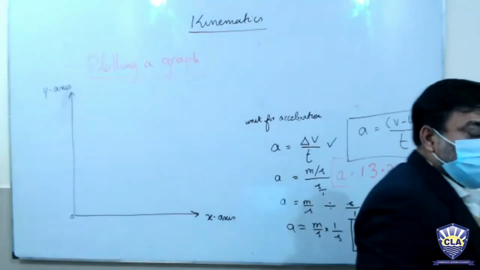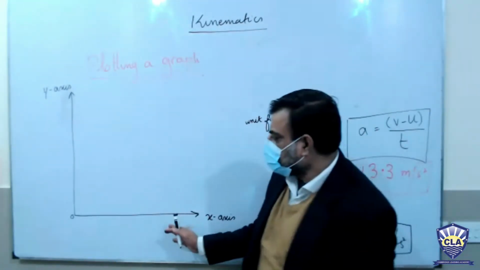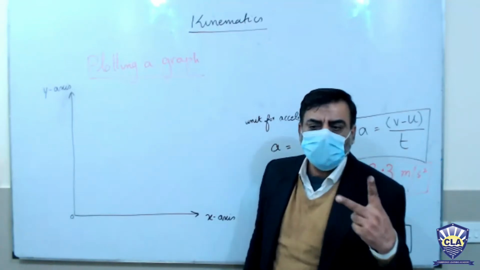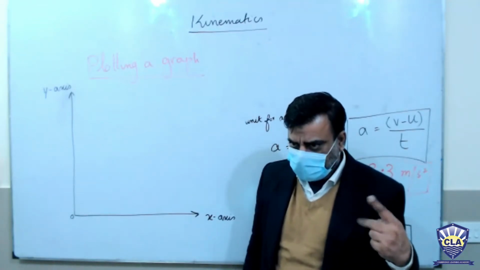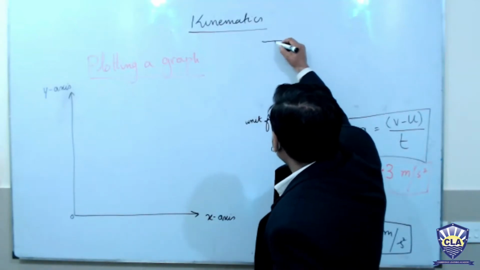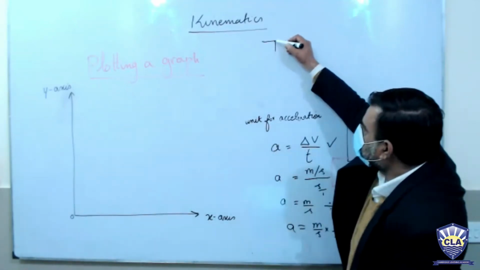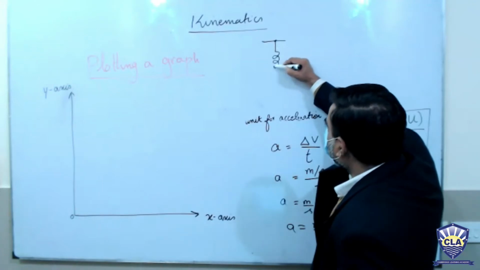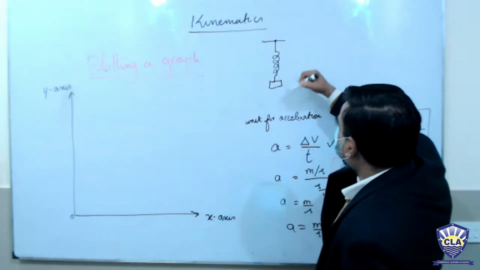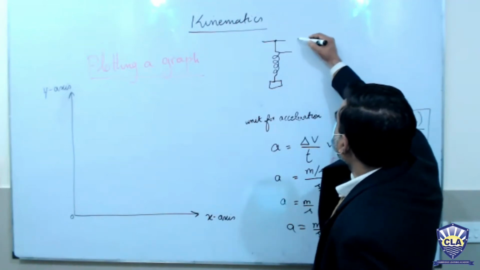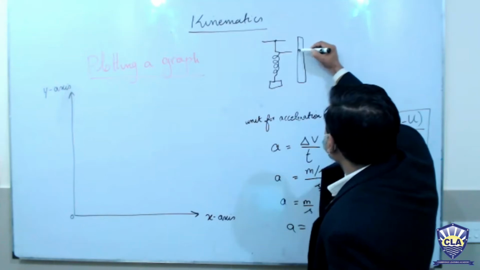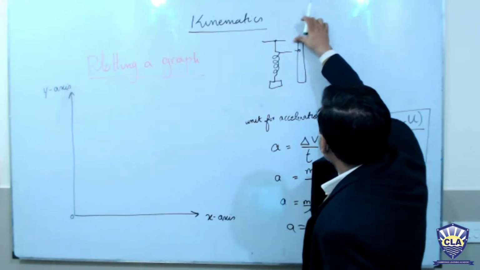Now, these two axes, they actually represent two quantities. Okay? Let's suppose I have a spring which is just hung at this point, and we are placing some weight on it over here. This is the pen, this is the pointer, and this is the ruler. Let's suppose this is 0.